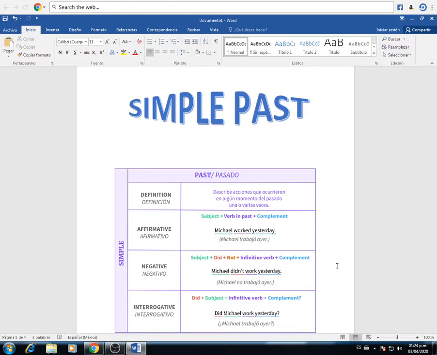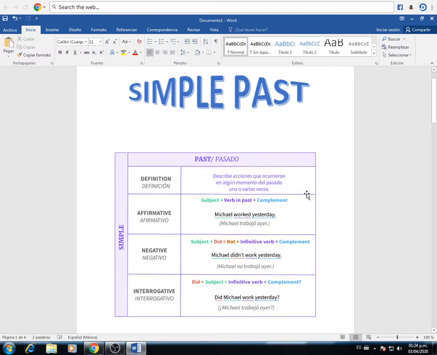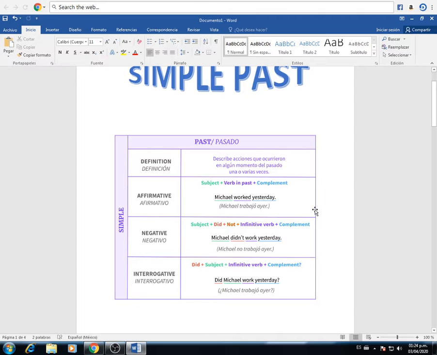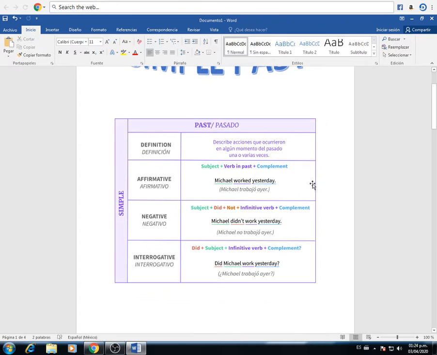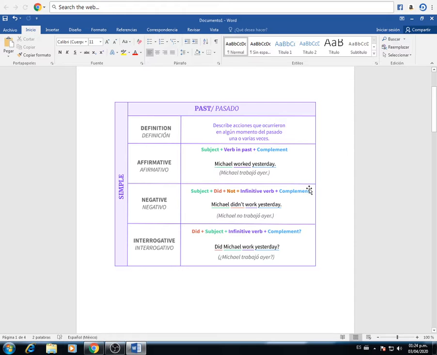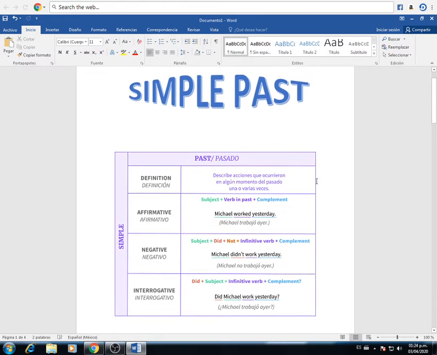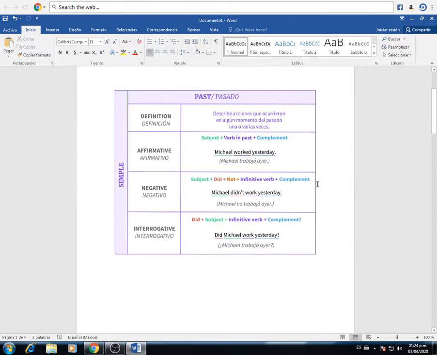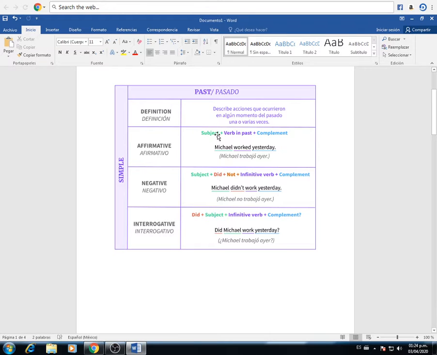Now, simple past. The simple past is an action that you did in the past. In the simple present, it's an action that you do every day. The simple past is, for example, we always need the subject, verb in past, and complement.